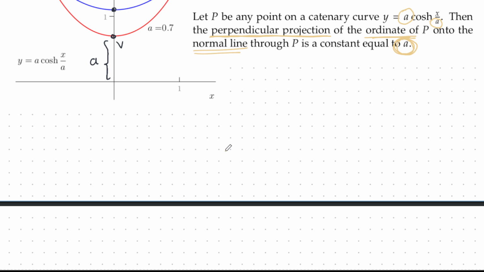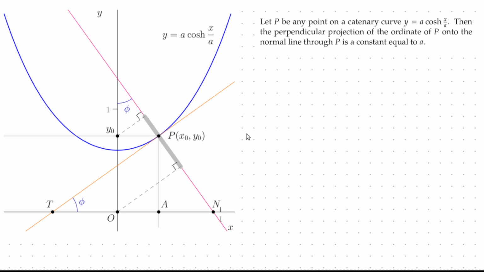So let me get an illustration of this ready for you here. This is a bit hard to imagine, but now that we have the figure, it's not so bad. Here's my curve. The blue is the catenary.